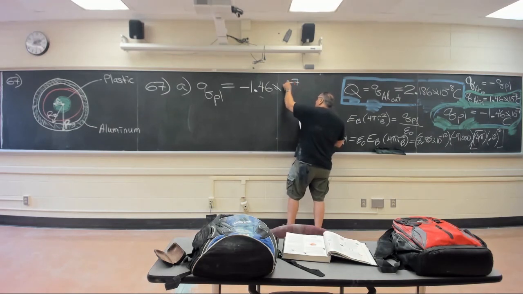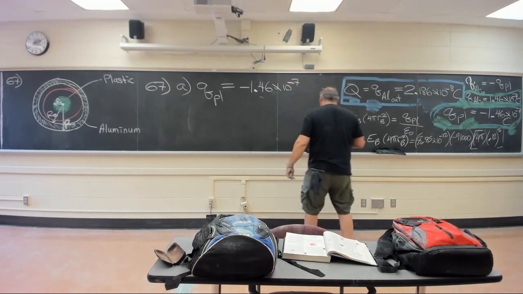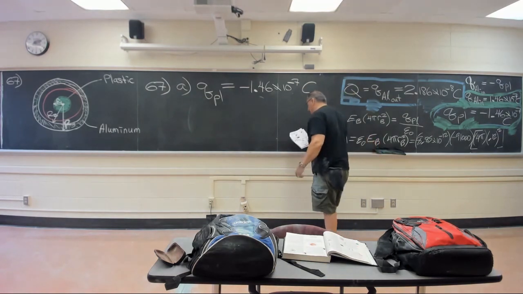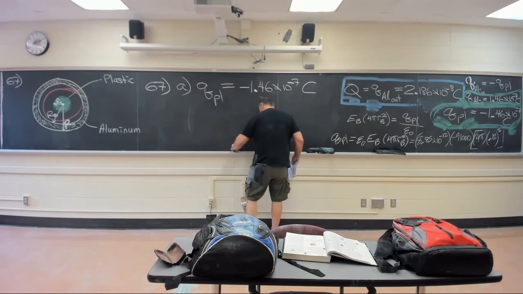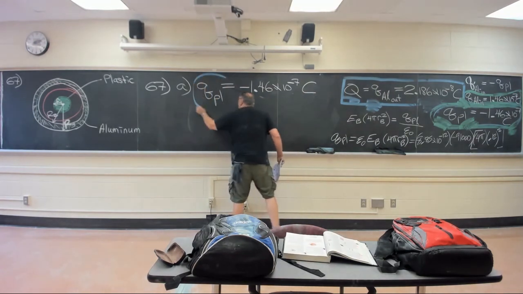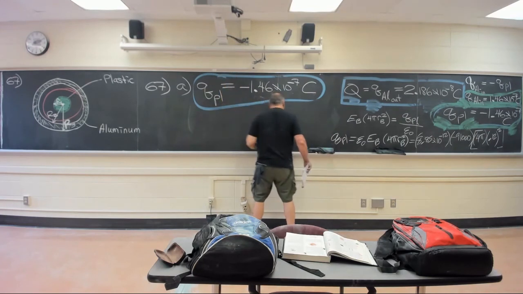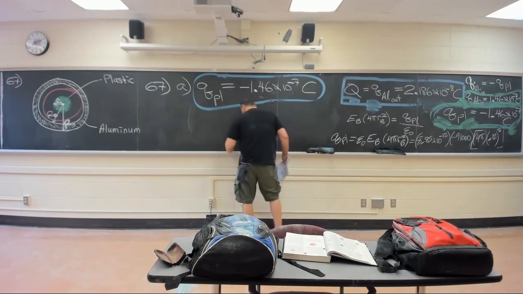And that occurred. There was no other charges with which to deal other than the charges associated with the plastic, according to Gauss's law when you were doing that. So the plastic, Q plastic, was negative 1.46 times 10 to the negative 7 coulombs.